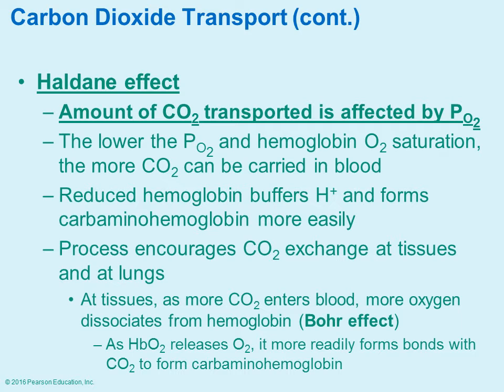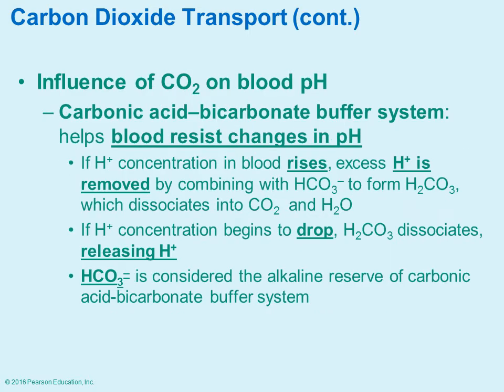The amount of carbon dioxide that's transported is also affected by the partial pressure of oxygen. The lower the partial pressure of oxygen, the more carbon dioxide can be carried. This ultimately helps encourage the exchange of CO2 at the tissues and also at the lungs.